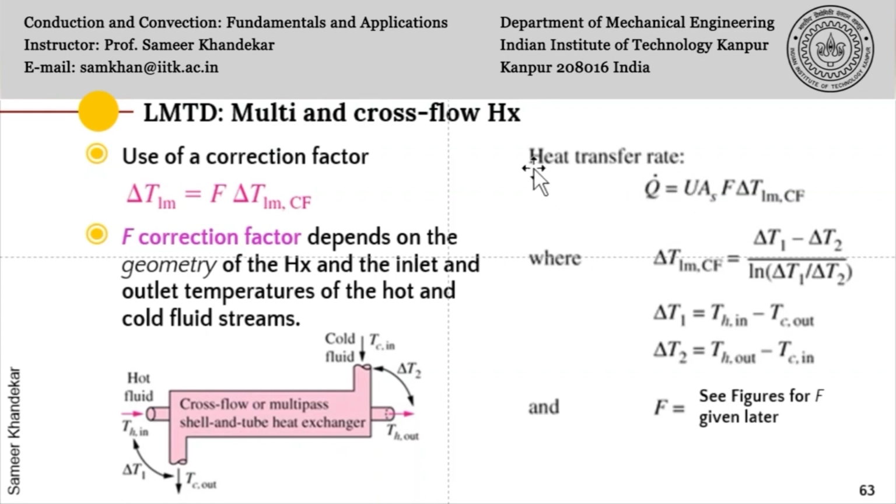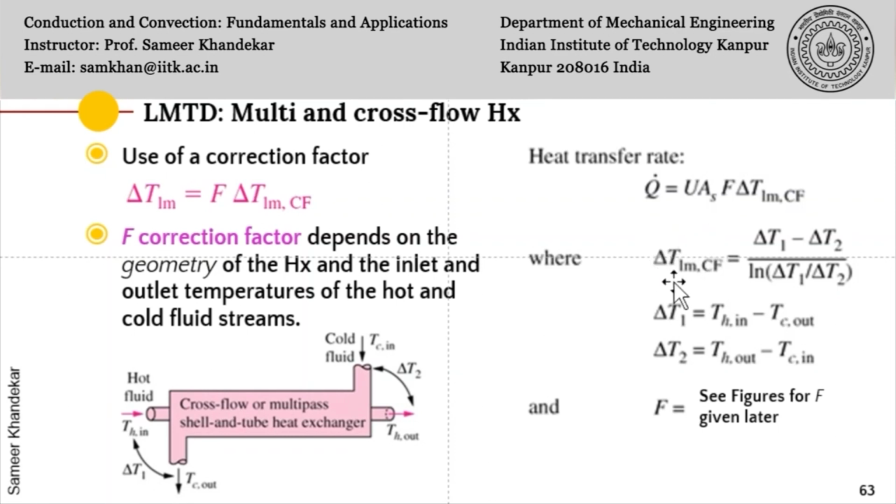The heat transfer rate can now be written as Q dot equals U A_S F delta T for counterflow. So for an ideal counterflow heat exchanger, you first find the LMTD and then multiply it by F. Typically all the correction factors are given in terms of the counterflow heat exchanger.